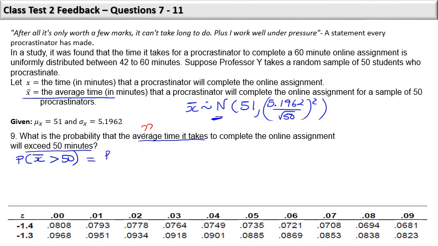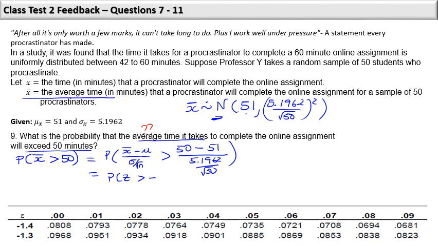So it's the probability, standardize, calculate z: x bar minus the mean of x bar, divided by the standard error of x bar. Exceed, so we are going 50. What is the mean of x bar? 51. What's the standard error? 5.1962 over root 50. I hope we are happy with that. And then we know that this is the probability that z exceeds negative 1.36.